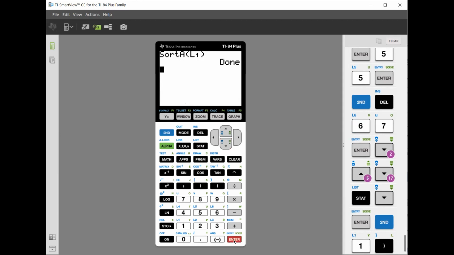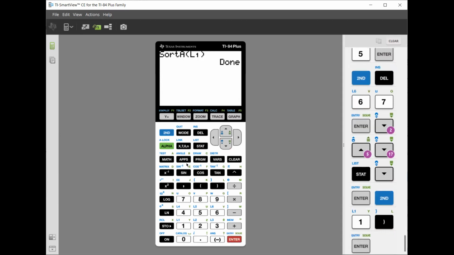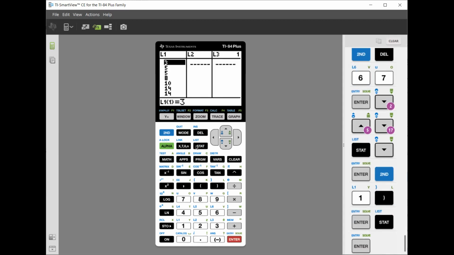I'm going to sort it, and go back by going to the stat key. So this is my stat edit screen, and it's now sorted. As I said, the lowest is 3. If you go all the way to the bottom, the highest is 254.